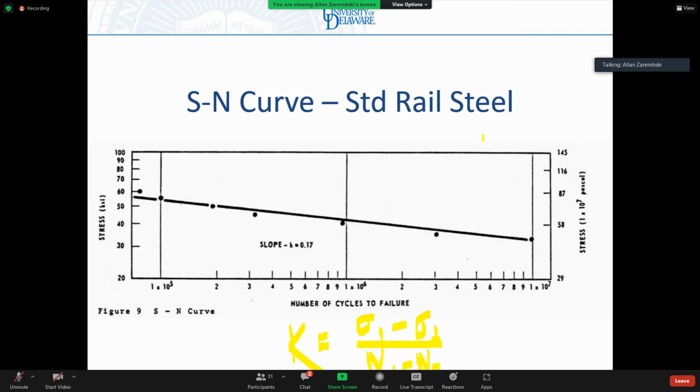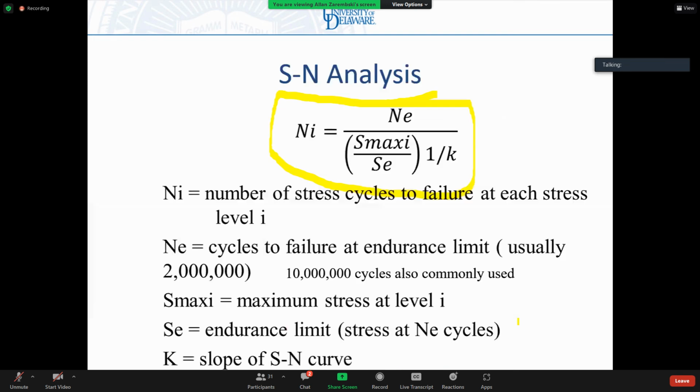I set sigma 2 to be my endurance limit stress and N2 to be the number of cycles to failure at the endurance limit, which is 10 million. I can generate this equation: N sub I equals N sub E times S max sub I over S sub E, to the 1 over K.